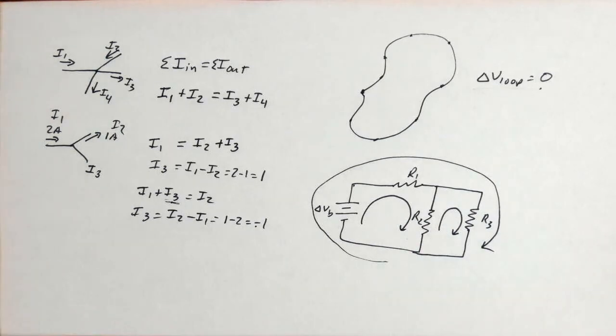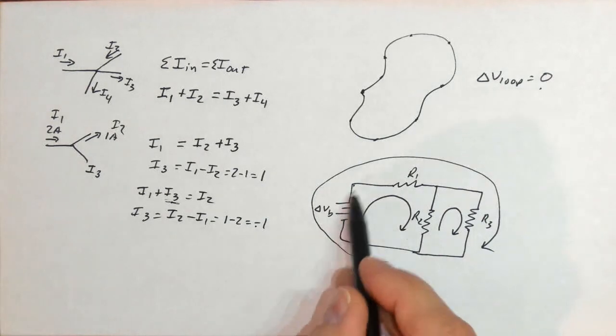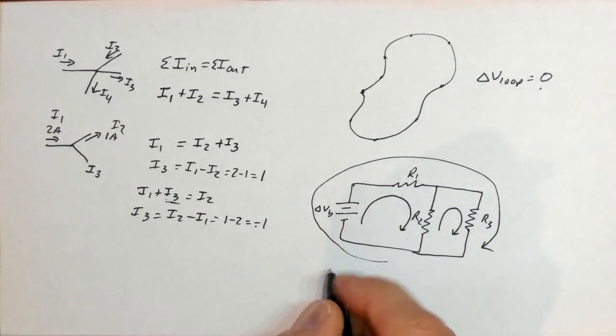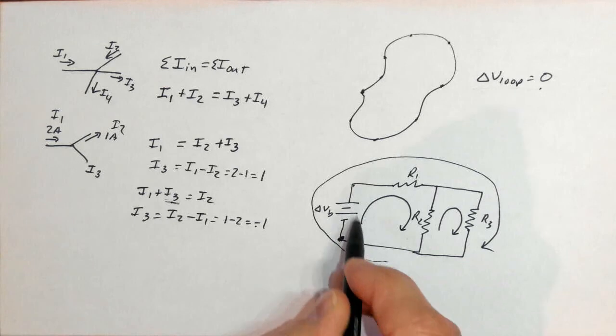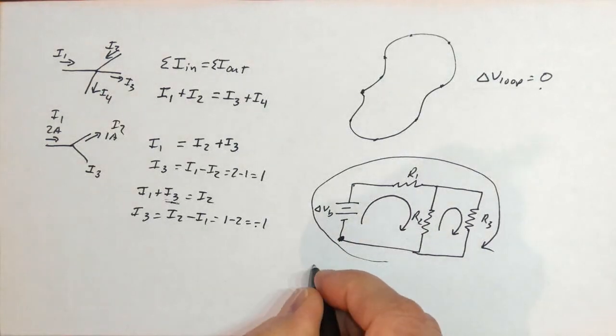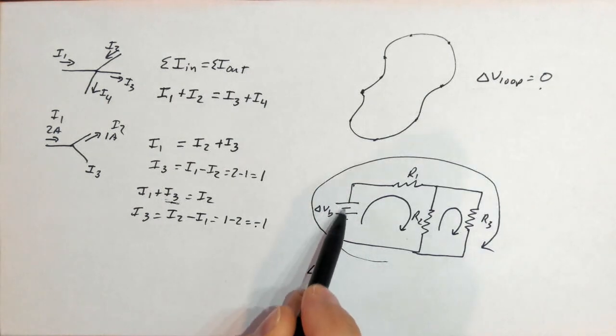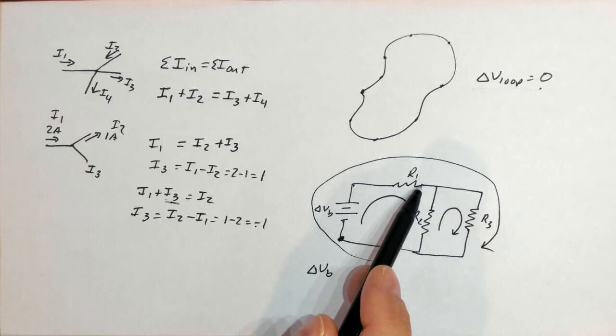It just depends on the type of loops and how they're combined. Okay, and so we can apply that. For example, if I were to apply it to this one, I could say starting maybe right here and going around this loop, I've got delta V battery, and I gain across this battery because I'm going from the negative to the positive side, and I'm going to go across this resistor.